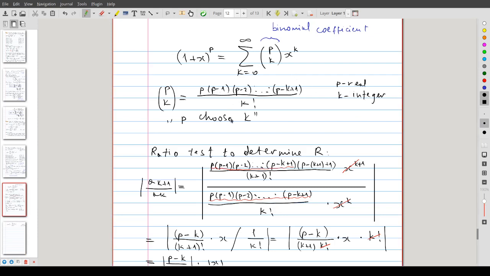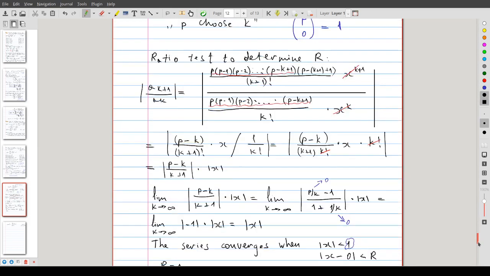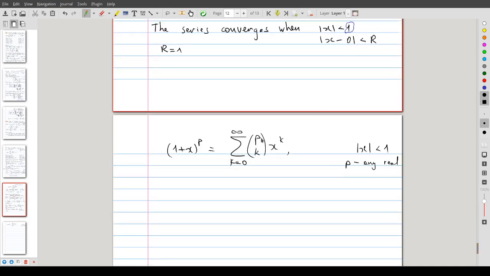So I should put this here, we are assuming that p choose 0 is 1 by definition. Otherwise, it is not clear what happens in the numerator. So with this assumption, this representation holds for absolutely any real number.